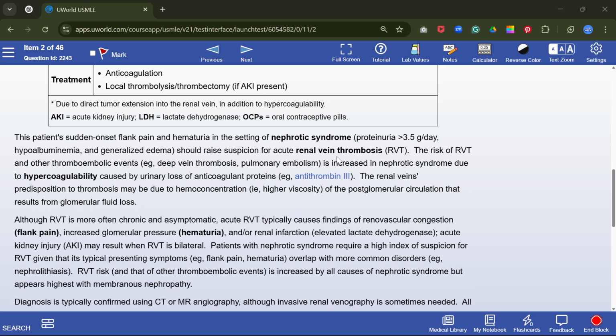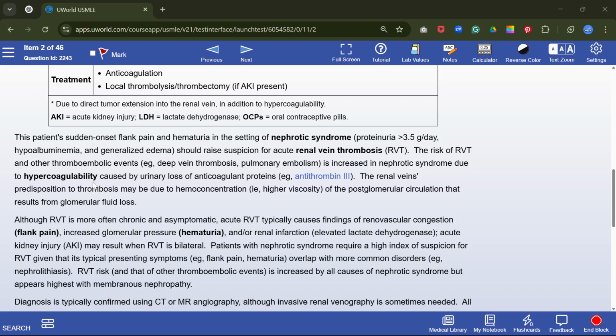It is renal vein thrombosis. The risk of renal vein thrombosis and other thromboembolic events, like DVT and pulmonary embolism, is increased in nephrotic syndrome due to hypercoagulability caused by urinary loss of anticoagulant protein antithrombin 3.